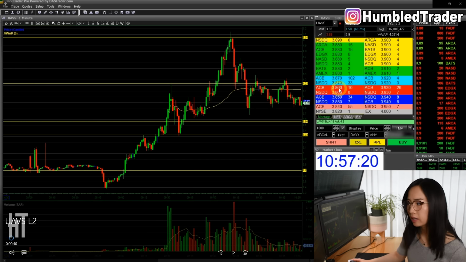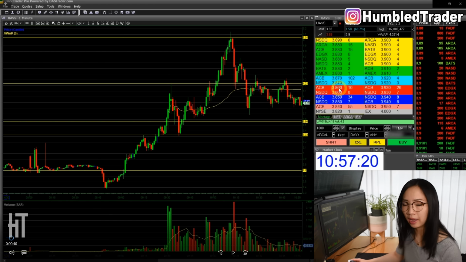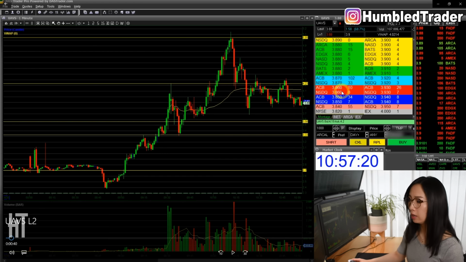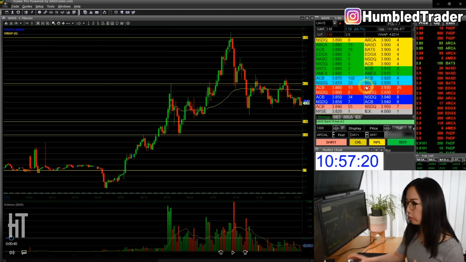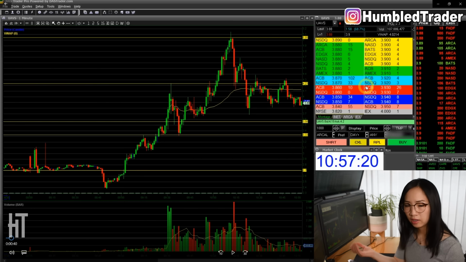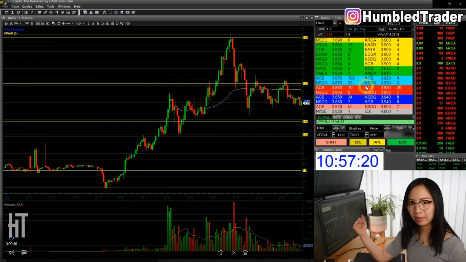On top of that, it's very easy to hide your size on level 2. Maybe I'm trying to sell 10,000 shares, but I can have the order pending on level 2 as just 100 shares. So that's why you see a lot of fake numbers on level 2 and why people say there's a lot of fluff on level 2. We'll talk more about that later on.